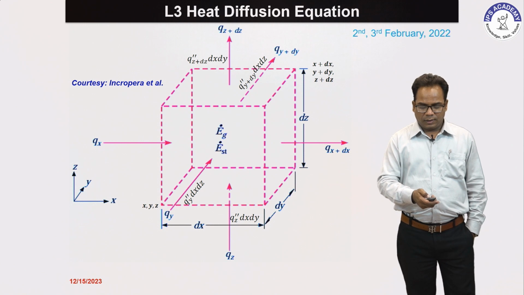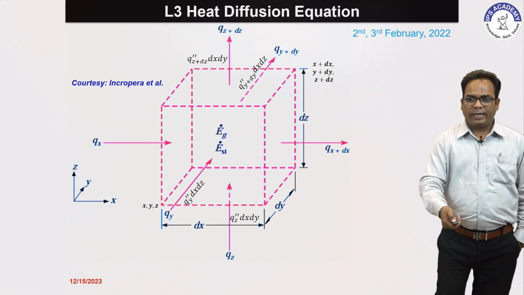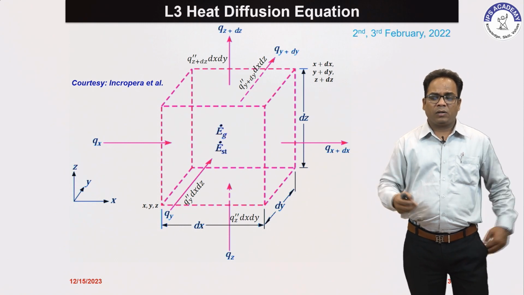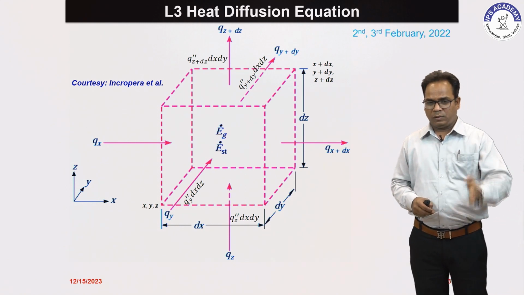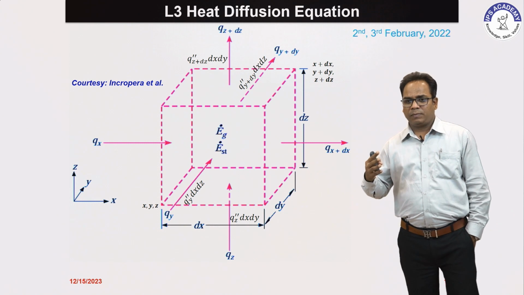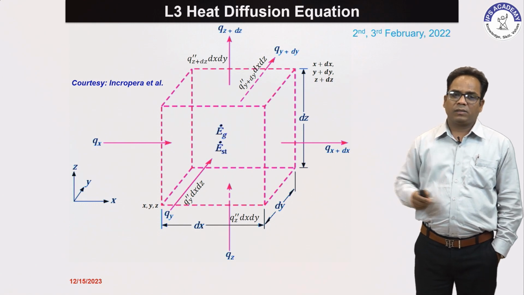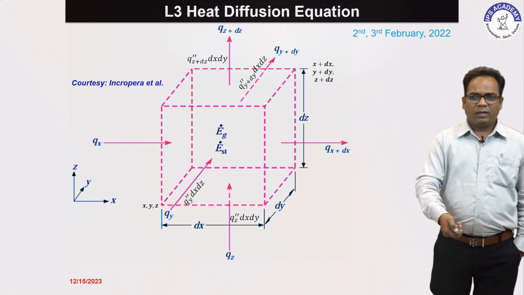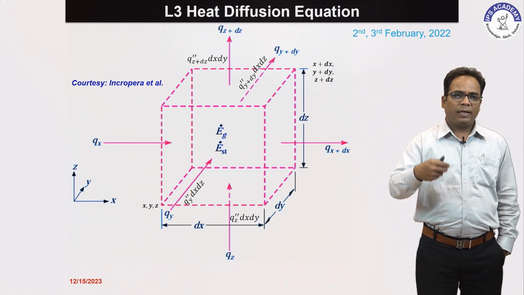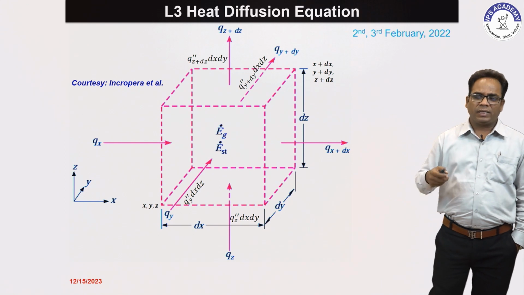Okay, so let's consider this is the cube, having the dimensions dx, dy and dz, and the amount of heat which is transferred in the x direction, or the amount of heat which enters through the x face, that is qx, and the amount of heat which leaves from the x plus delta x face, that is qx plus dx.